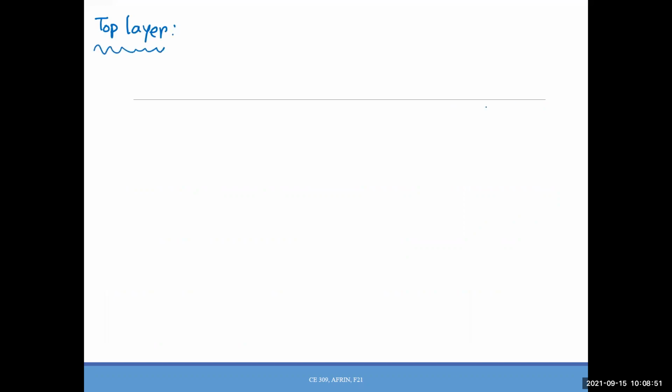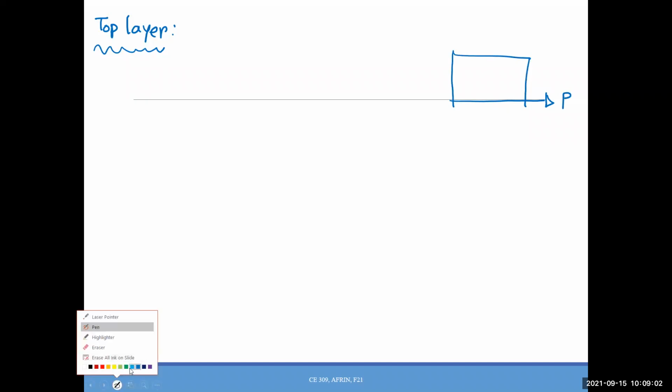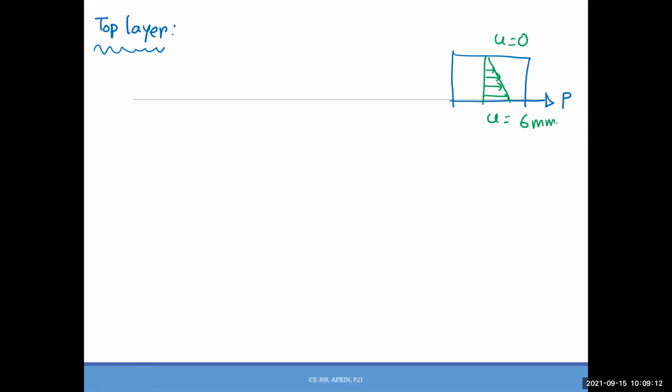And I will draw the picture again because I will need some value here. That is the velocity profile here. U equals 0, U equals 6 millimeter per second.